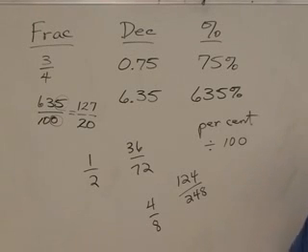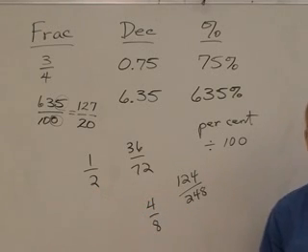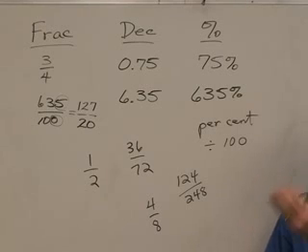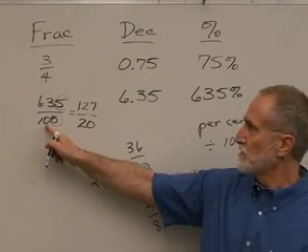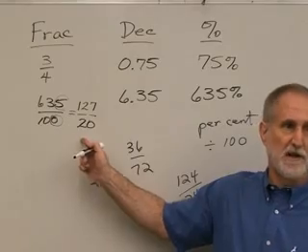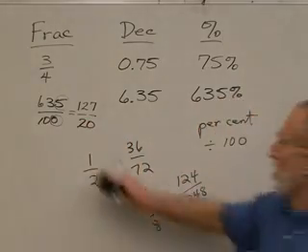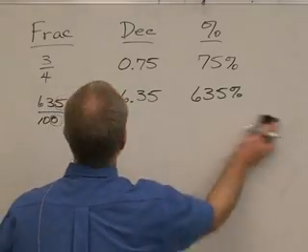But we wouldn't know that unless we reduced them all. Then we'd all end up with this same thing. So that's the practical reason for reducing the fraction, so that we know that it's the same as this other reduced fraction. So on the test, if you put 635 over 100, I give you half credit. But if you reduce it, I'll give you full credit. Okay. All right, let's do another one.